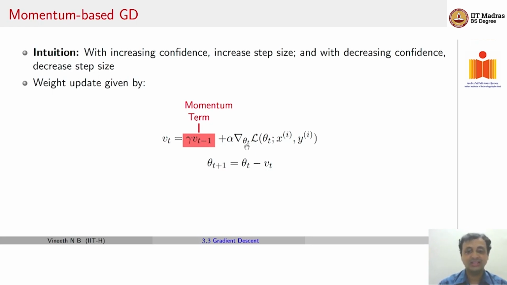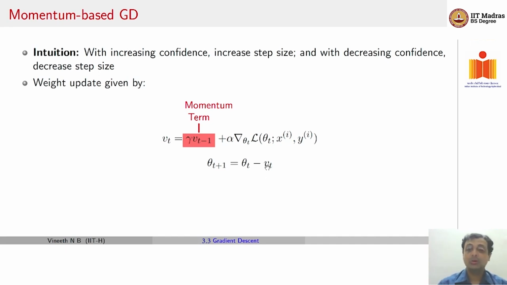What is this telling us? It's telling us that if you were coming along a particular direction and your gradient tells you to go in a different direction, combine them in some way and then get a velocity vector Vt, which is what you use to update your parameters. Then you have theta t plus 1 equal to theta t minus Vt, which gives you the weight update.